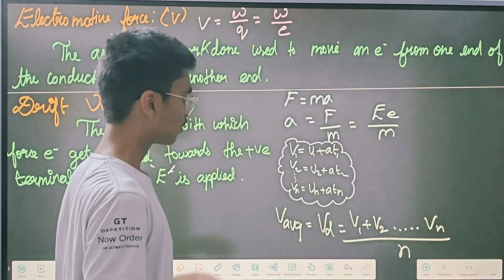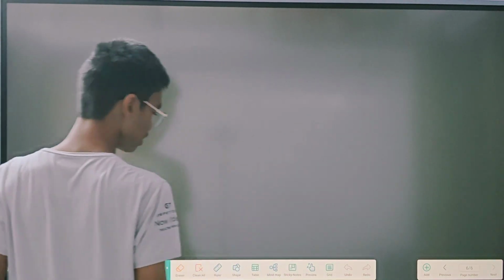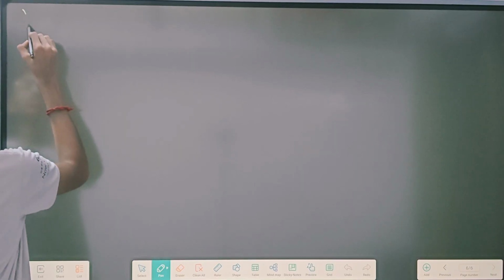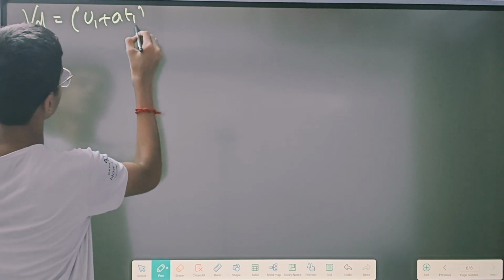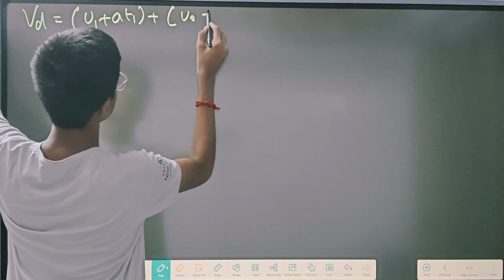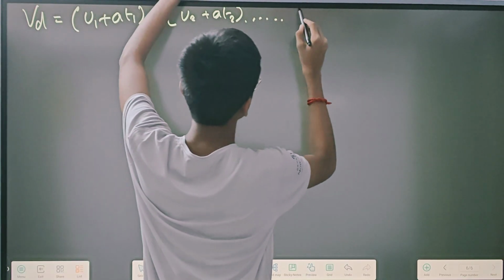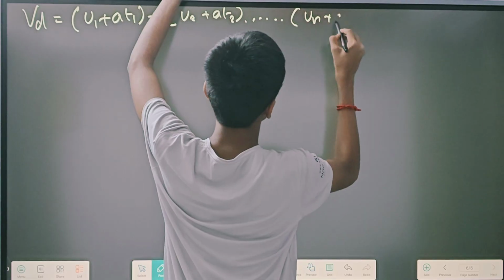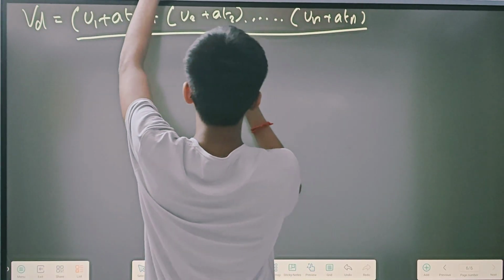So Vd is going to be U1 plus AT1 plus U2 plus AT2, and so on till Un plus Atn, whole divided by n.